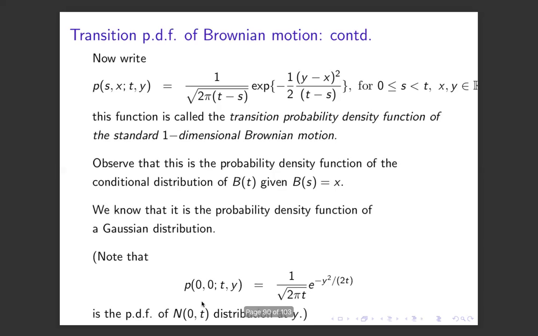Okay. So in particular, if s is 0 and x is 0, then P(0, 0; t, y) is 1 over the square root of 2 pi t, e to the power minus y squared over 2t. This is the density of the N(0, t) distribution.